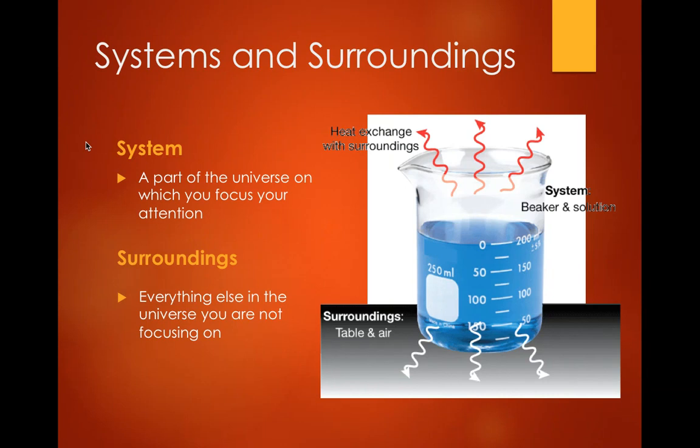And over time, our solution is going to cool down, and our surroundings are going to heat up a little bit. During any chemical or physical process, the energy of the universe remains the same. Can't change the universe. If the energy of a system increases, then that energy must have come from the surroundings.